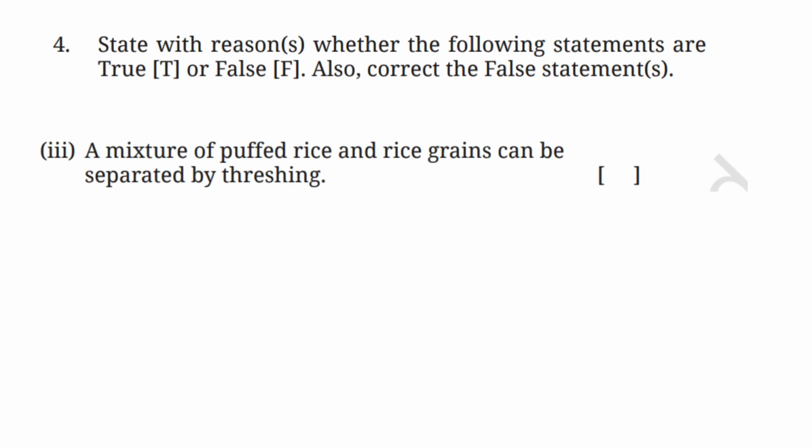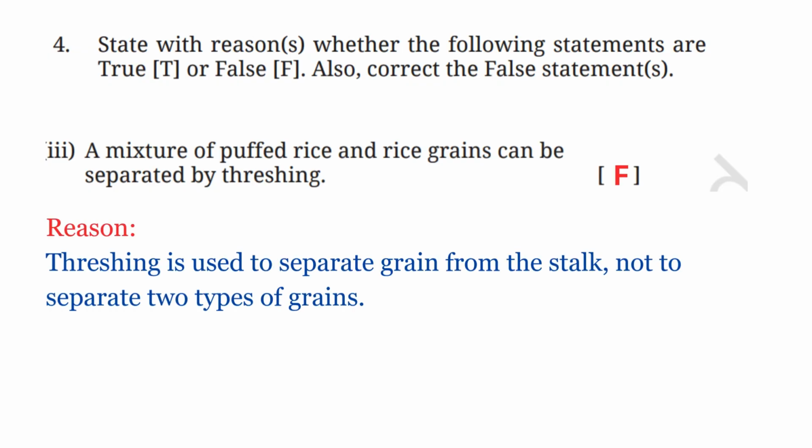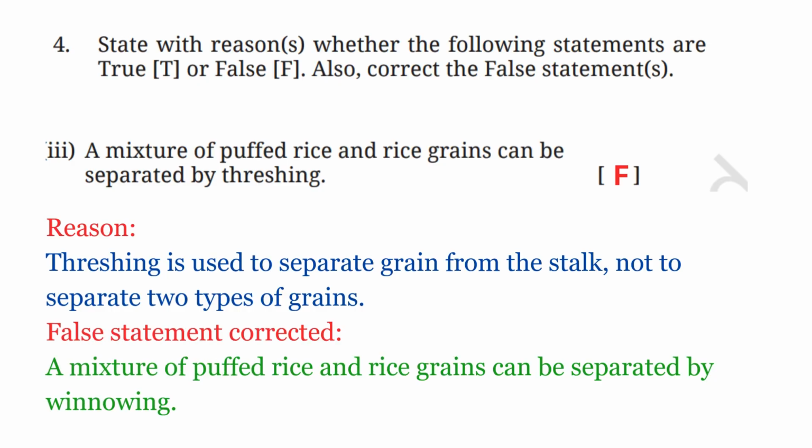Third statement is a mixture of puffed rice and rice grains can be separated by threshing. This statement is false. Threshing is used to separate grain from the stalk, not to separate two types of grains, right? The corrected statement would be: a mixture of puffed rice and rice grains can be separated by winnowing.